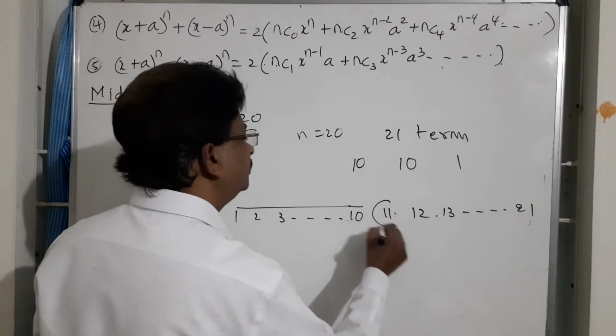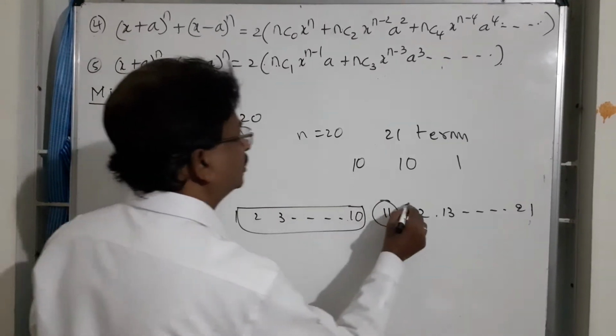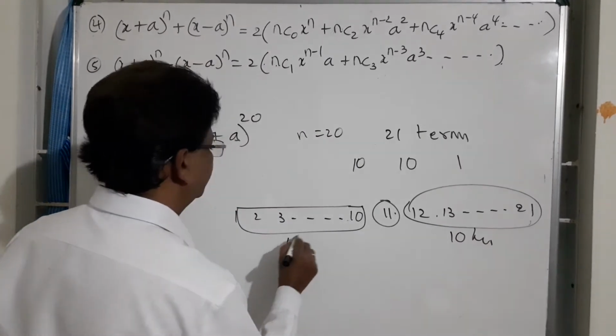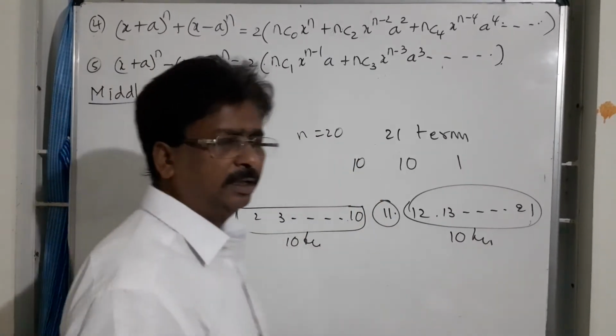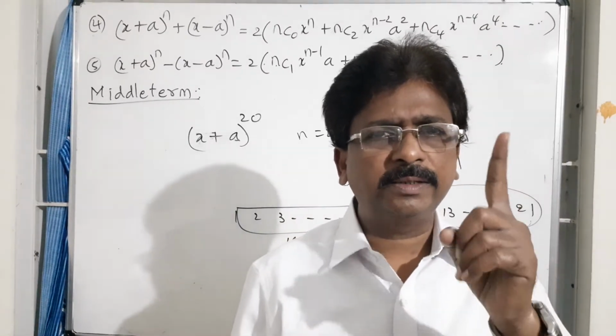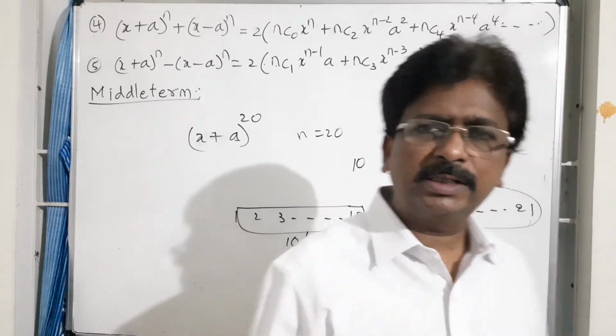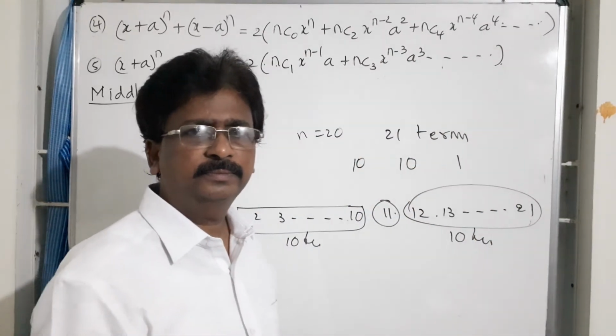From here to here the 10 terms are here, here 10 terms are here, and one term is left there. So only one term is the middle in this case when n is even. This term is the middle term.